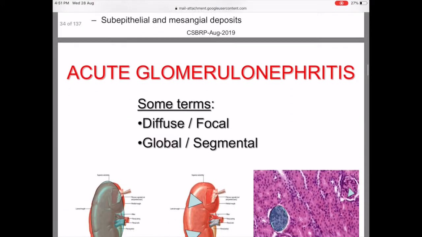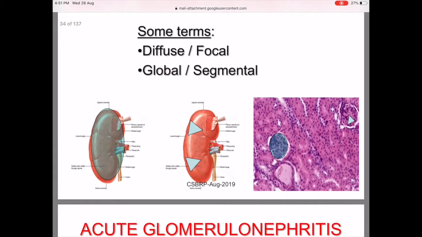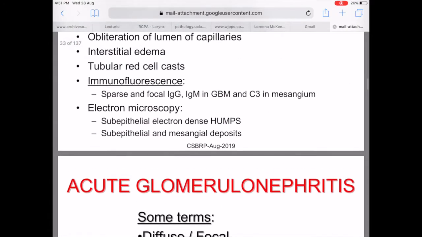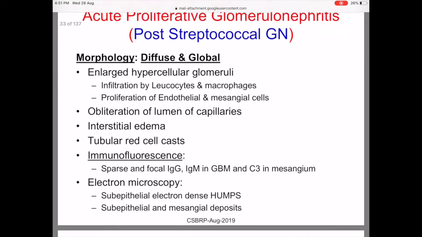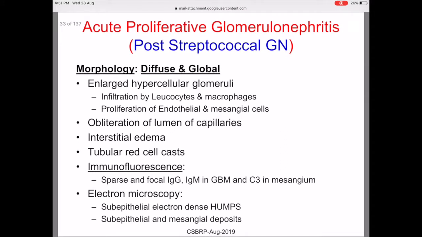Diffuse refers to the entire kidney being involved, and focal refers to only some portions of the kidney being involved. Global refers to the entire glomerulus being involved, and if only a portion of the glomerulus is involved, you will call it segmental glomerulonephritis. Here in post-streptococcal glomerulonephritis, it is diffuse and global.